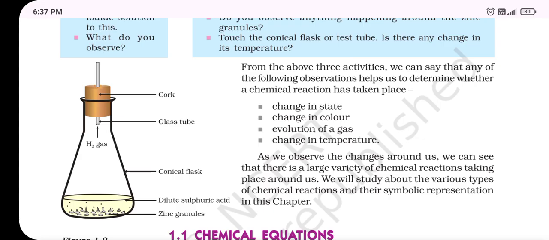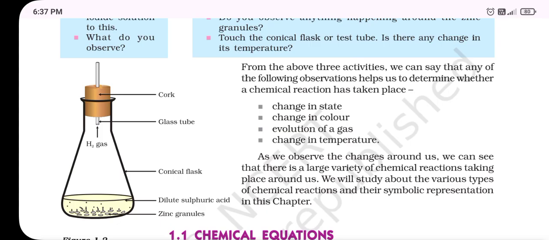The role of the cork is to allow no passage of air or any material through it. The cork is made of some specific kind of rubber, so it does not allow other exchanges through it.